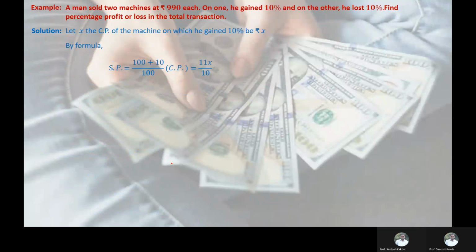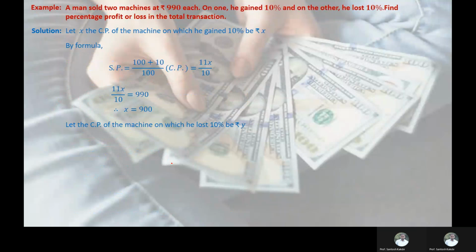So by formula, the selling price is equal to this one. Just putting all these quantities, you get the answer 11x upon 10. And by the given relation, 11x upon 10 is nothing but 990. Just simplifying, we get x is equal to 900.